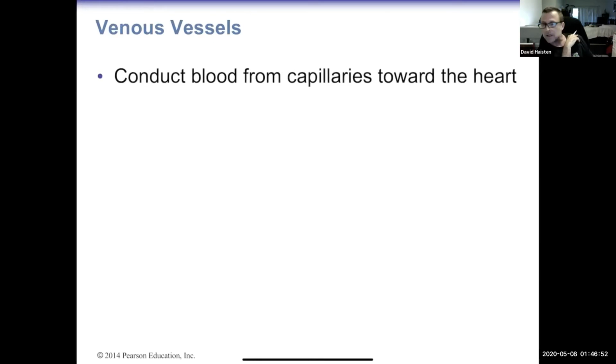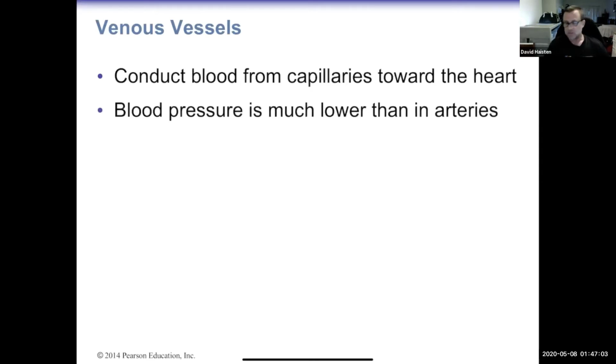Okay. Let's look at venous vessels in general. Conduct blood from capillaries toward the heart. In general, blood pressure is low in veins.